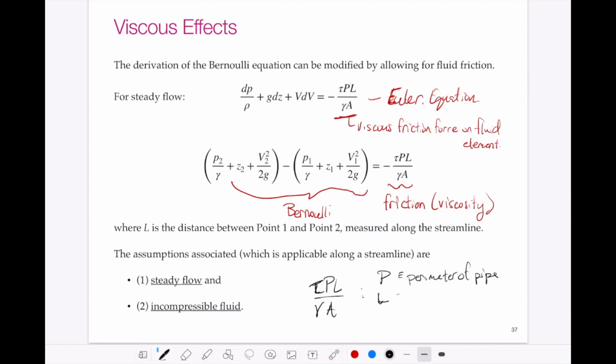L is the length or characteristic length, so the distance apart from point 1 to point 2. And then our area is the area of the pipe or the duct. And then tau is just our shear stress, and gamma is our fluid velocity. So tau is our shear stress at the wall of the pipe.